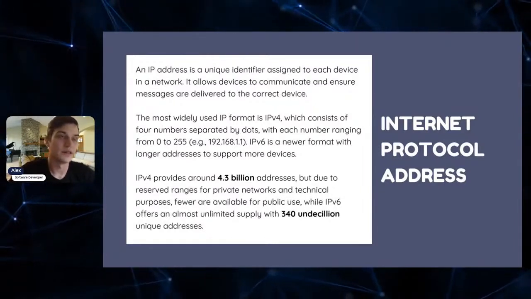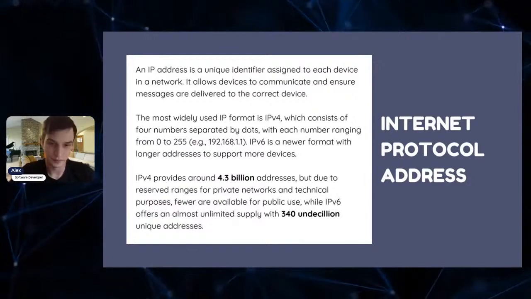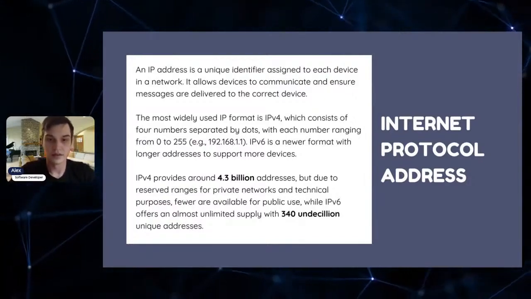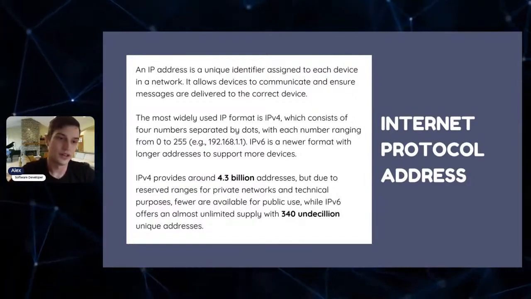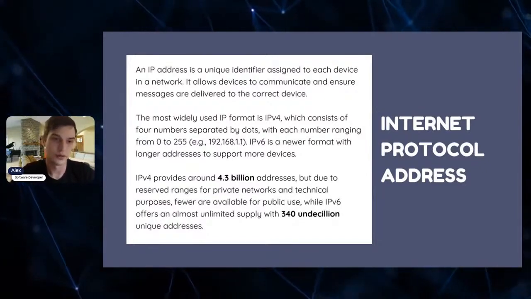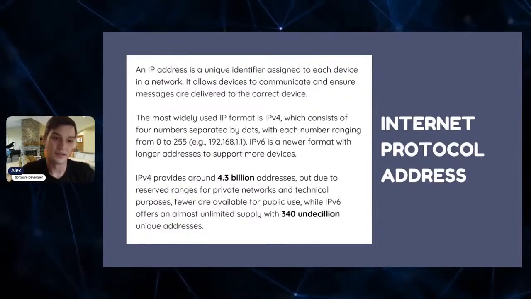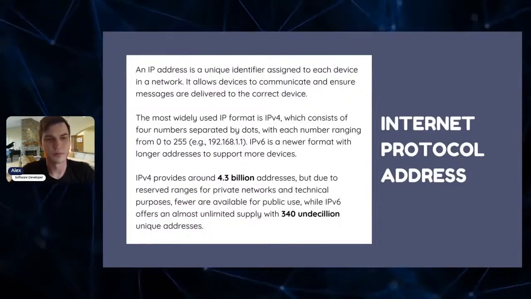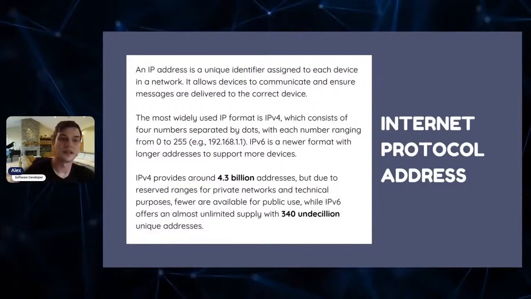So we can identify everyone with a unique address. And actually, IPv6 can provide 340 undecillion of unique addresses. It's 10 to the 24th power, as I remember.